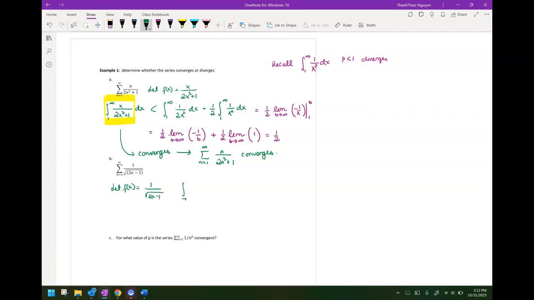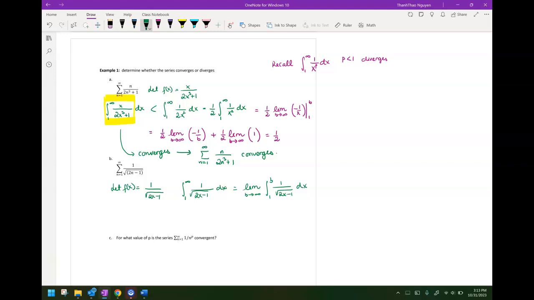So then the integral from 1 to infinity of 1 divided by the square root of 2x minus 1 dx is equal to the limit as b approaches infinity of the integral from 1 to b of 1 over the square root of 2x minus 1 dx.